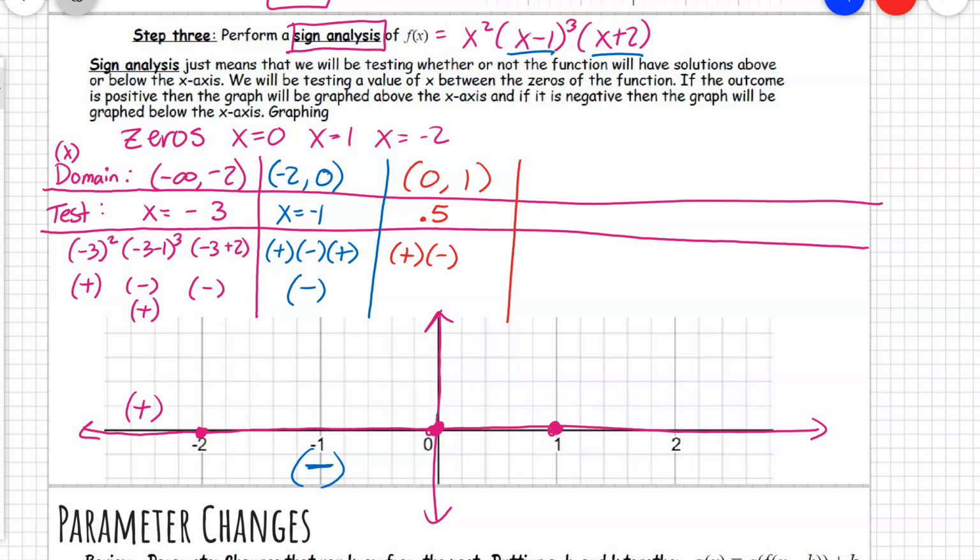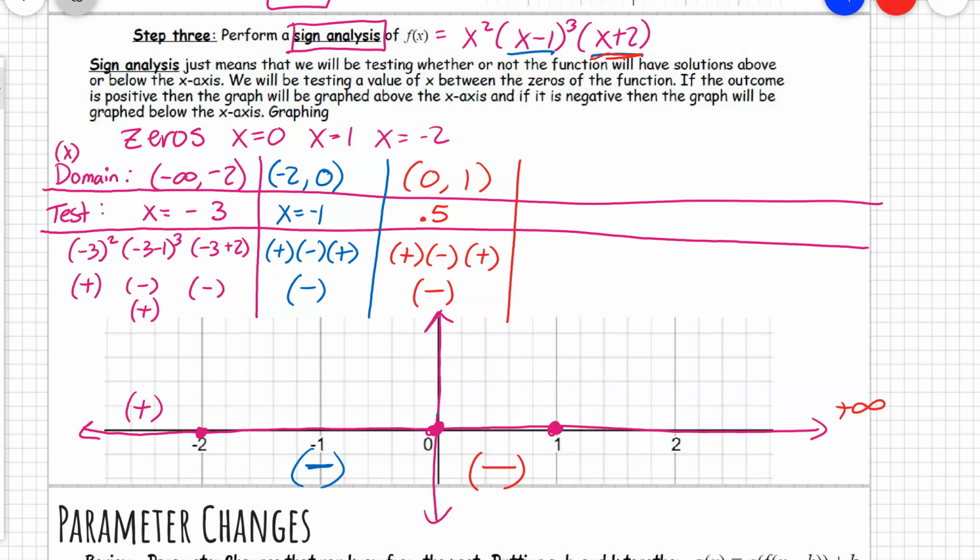Negative cubed still stays negative, and 0.5 plus 2 is positive. All right, so positive times a negative times a positive gives me overall a negative value. So in between 0 and 1, I know that we are going to be in quadrant 4, or below the x-axis.